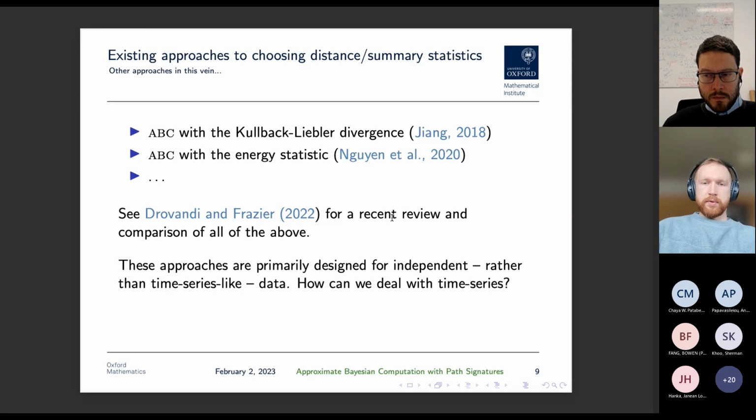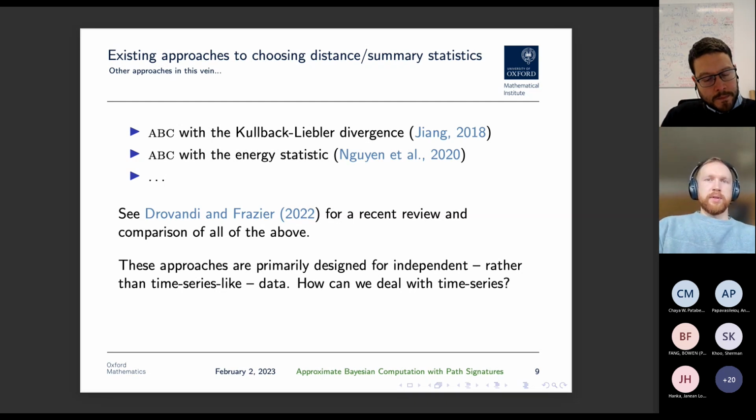And a lot of these different approaches are reviewed and compared in a recent paper by Drovandi and Frazier. But a common theme of a lot of these works is that independent or IID data are the focus. And I think possibly only in the case of the Wasserstein ABC paper is there a discussion of how the method might be extended to the case of sequential or time series like data.